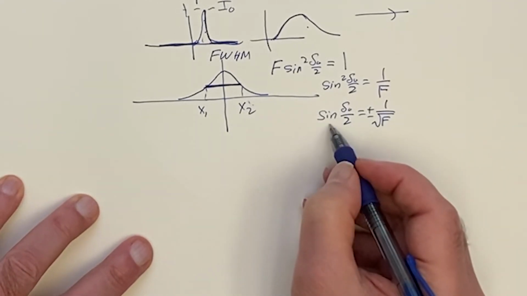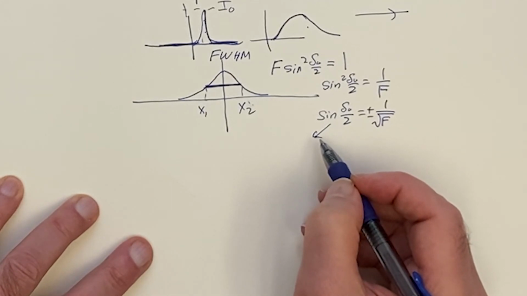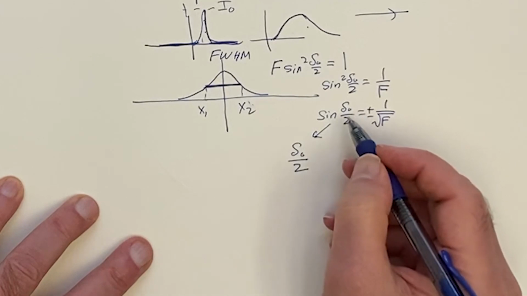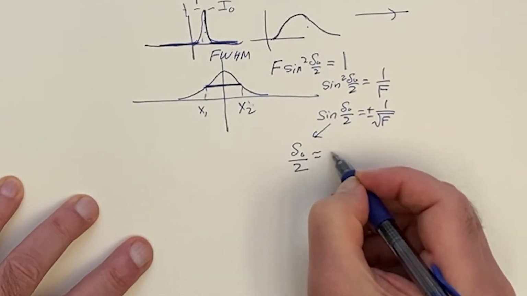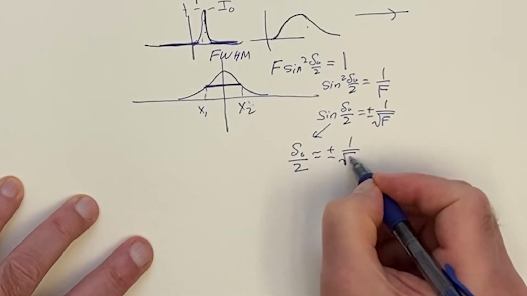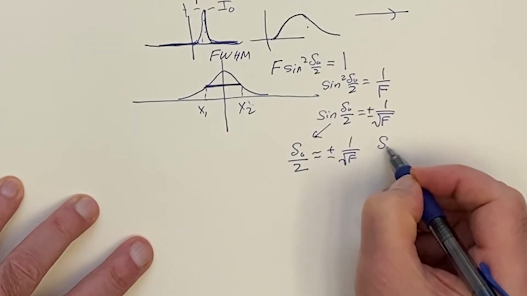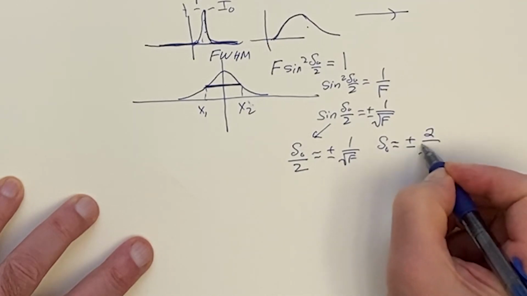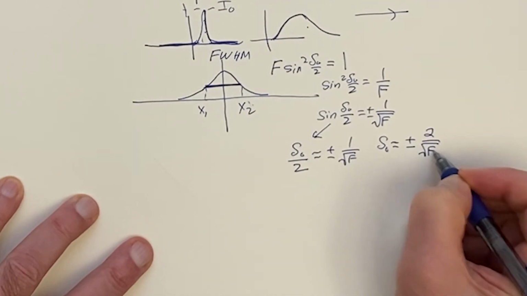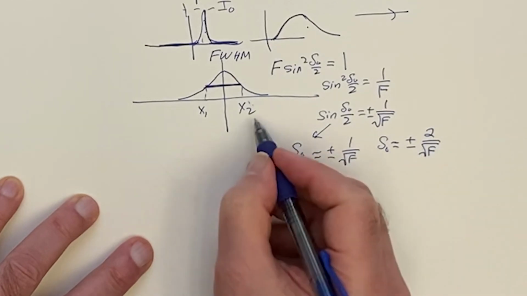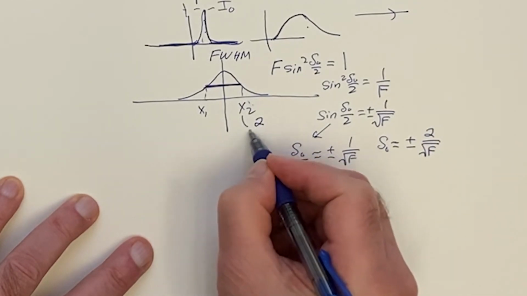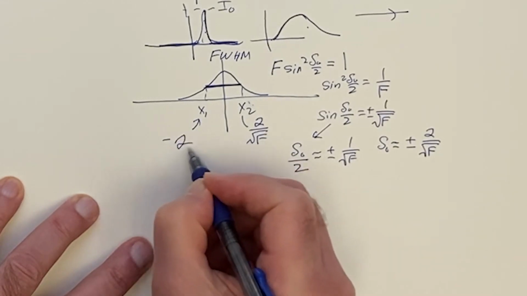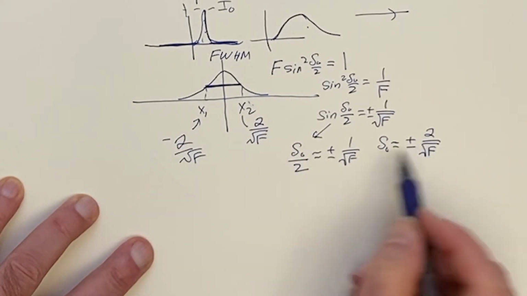So since we're at the normal incidence, the sine of an angle is the same as the angle, and that's then plus or minus 1 over square root of F. So this delta would be approximately plus or minus 2 over the square root of F. And that means we can identify the x2 as the plus and the x1 as the minus, the plus or minus 2 over square root F.